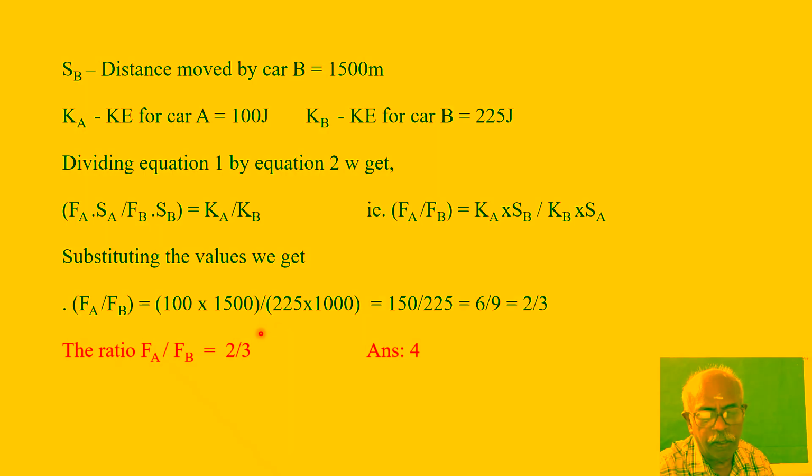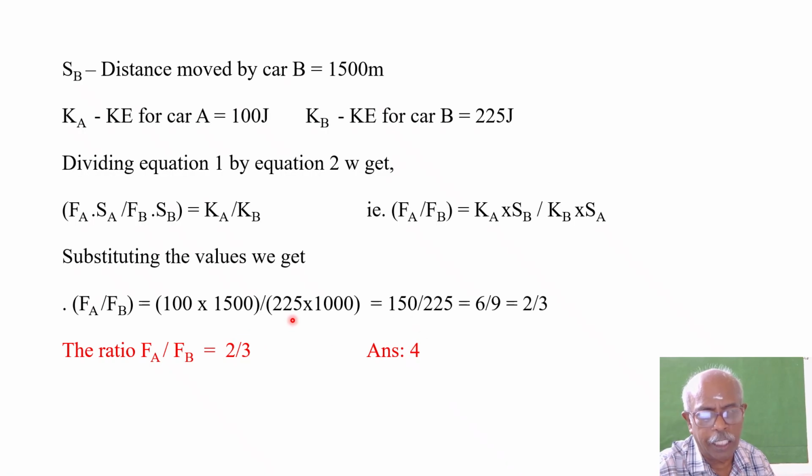Finally, 150 in the numerator, 225 in the denominator. 6 into 25 is 150, 9 into 25 is 225. You have to know the table for 25. So 150 divided by 225 is equal to 6 by 9.